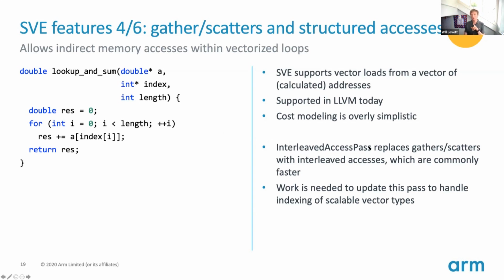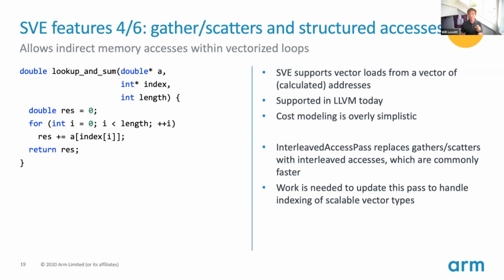And there's a pass called interleaved access pass, whose job it is to find gathers and scatters with a regular access pattern, like loading every second element, for example, and replace those with a simpler access, like an LD2 instruction in SVE, which loads every second value.